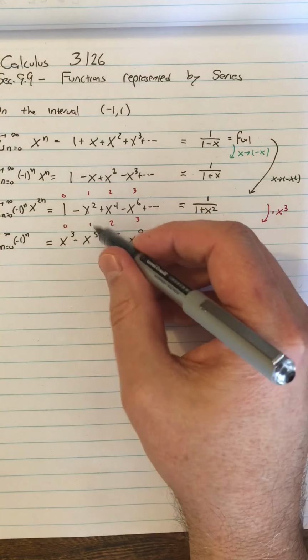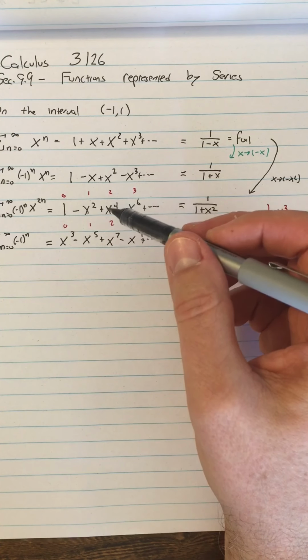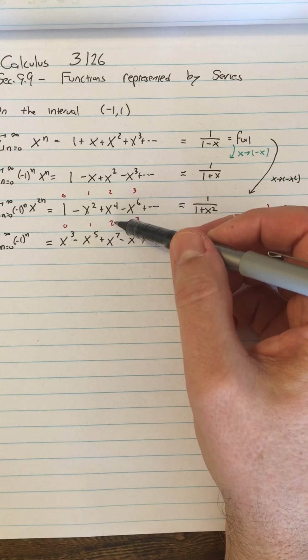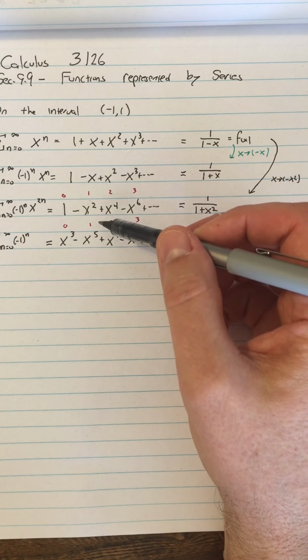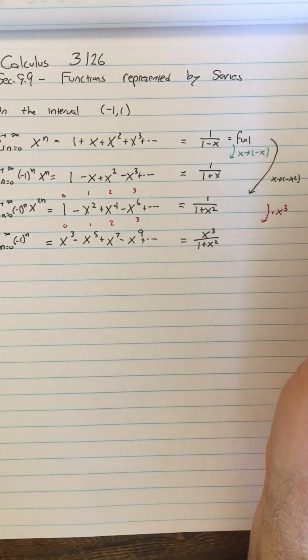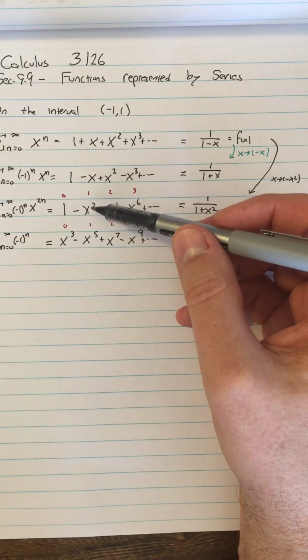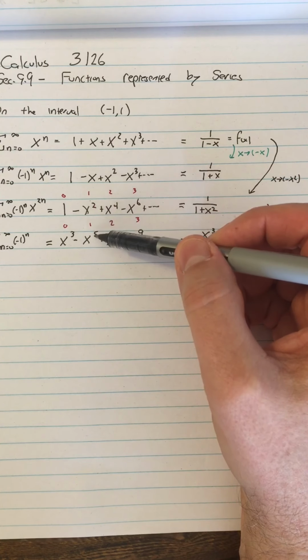But if I do it this way, it looks like I have x to the, let's see, what do I have to do to 2 to get 7? I do to 1 to get 5. If I think that I'm just taking these and adding 3, and that was 2n, so it should be 2n plus 3, right?